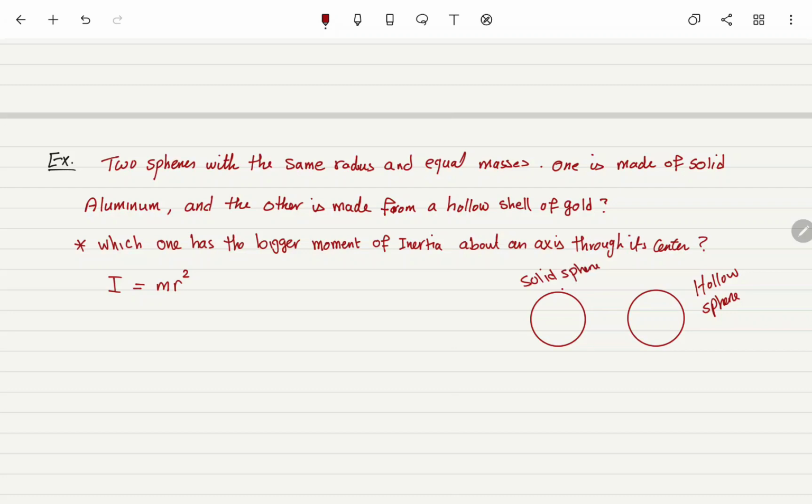Notice that the mass of the hollow sphere is located away from the sphere center. In this case, the moment of inertia for the hollow sphere will be higher than the moment of inertia of the solid sphere, because the mass is located further from the center.